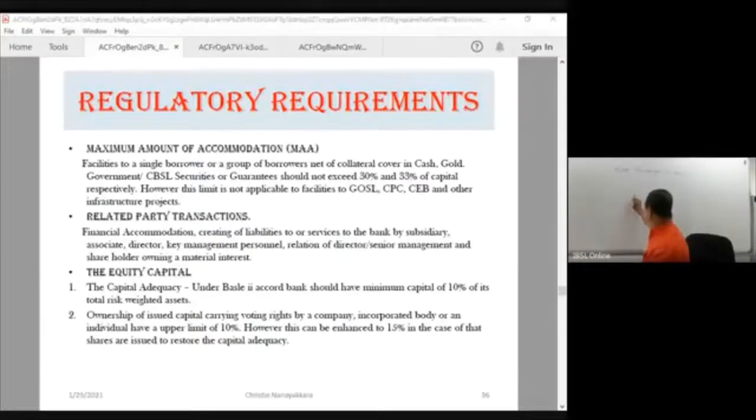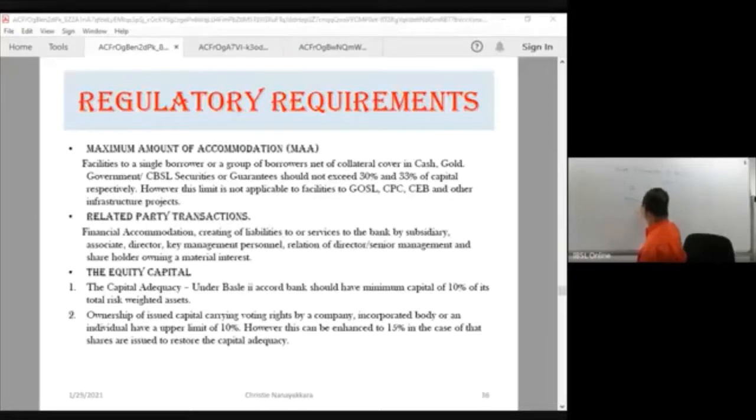We'll say we have two customers, say A and B. Bank has, we'll say, equity of 10 billion rupees. Customer A wants 4 billion.